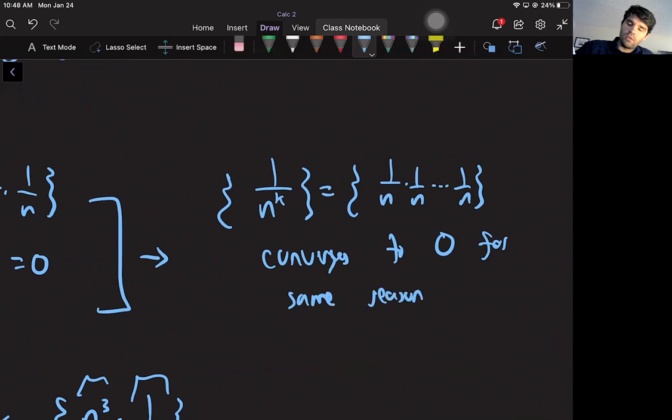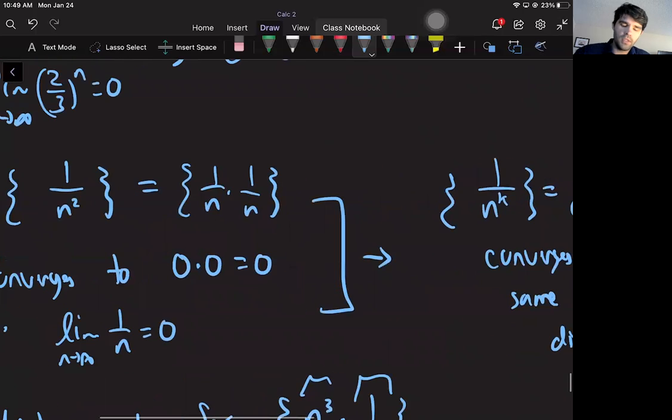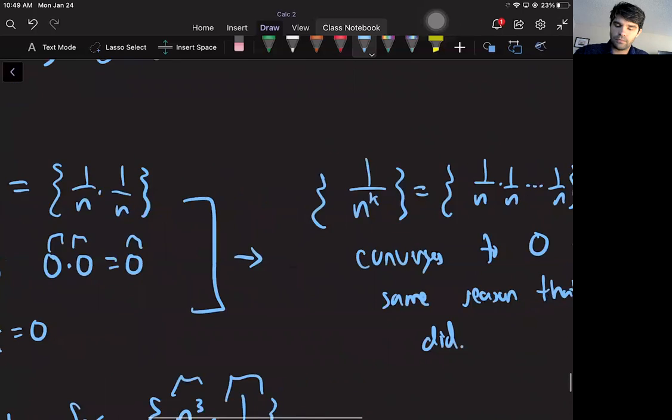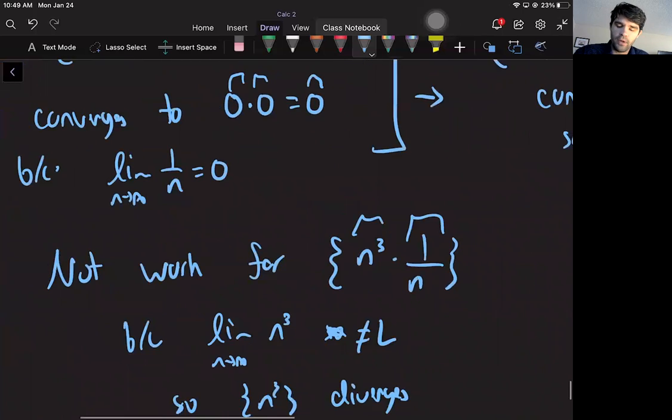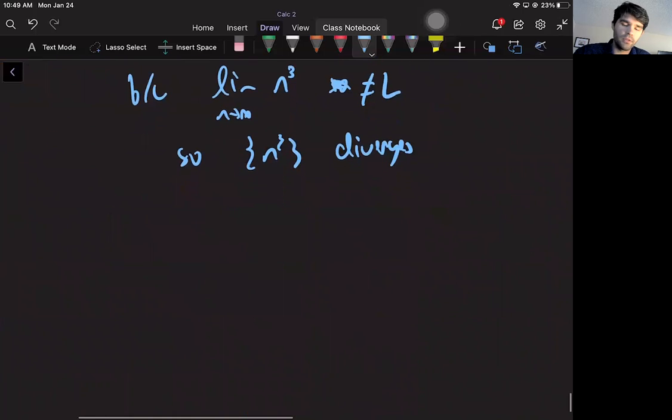It's for the same reason that 1 over n squared did. It's because you can separate it into pieces and just multiply all those zeros together and get 0. So 1 over n to the 5th, 1 over n to the 100th, whatever power of n you want on the bottom, those will all go to 0.